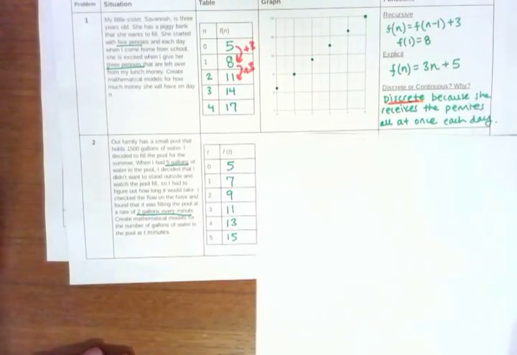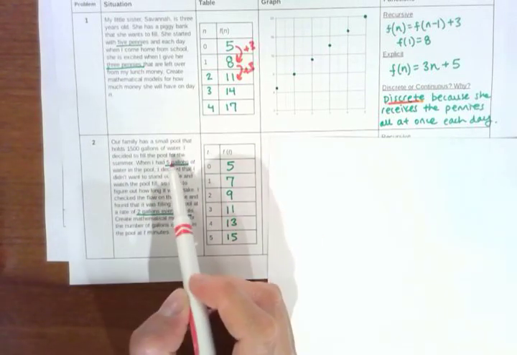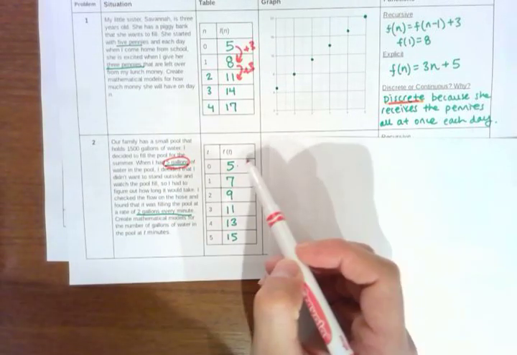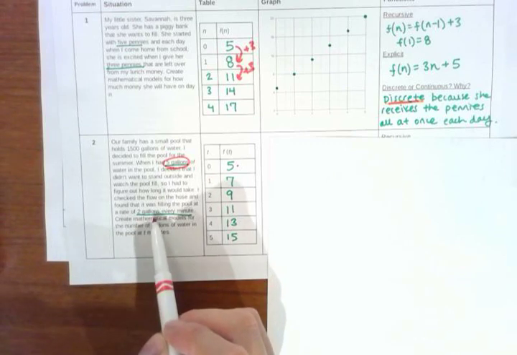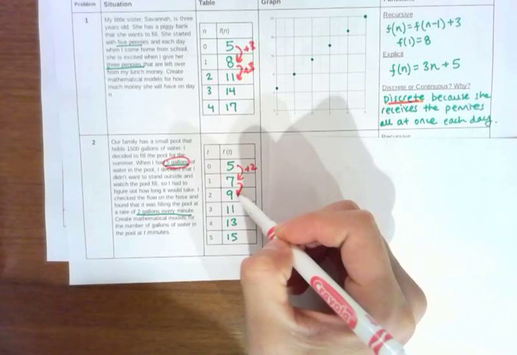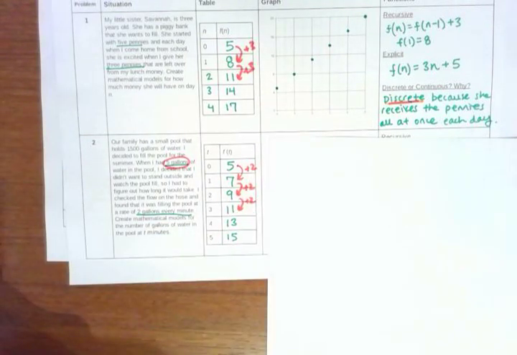For number 2, you start with 5 gallons in the pool. That's where this 5 is from. Right here. And then every minute, 2 gallons are filled. So that means your common difference is going up by 2 every time.